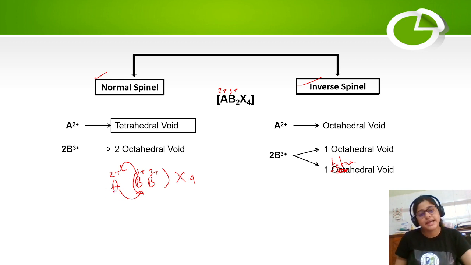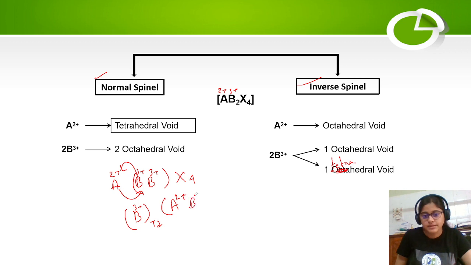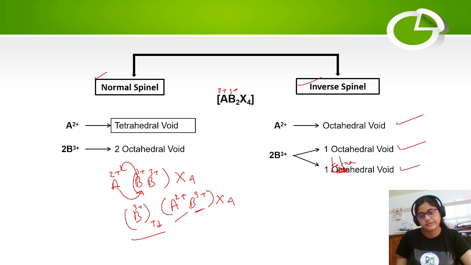So there is an exchange of these two cations, A and B. So when it happens, in the tetrahedral there is 1 B3+, and in the octahedral there are A2+ and B3+. Fine.